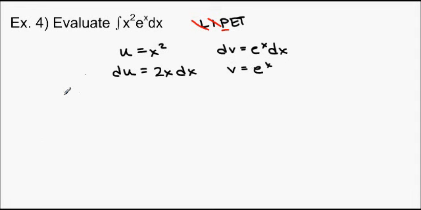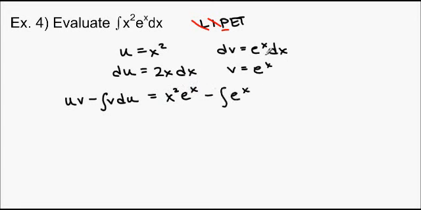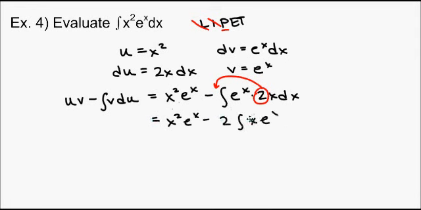Okay. So now I know I have uv minus the integral of v du. And that is x squared e to the x minus the integral of e to the x times 2x dx. I'm going to kick my 2 out. Okay, and this, wow.